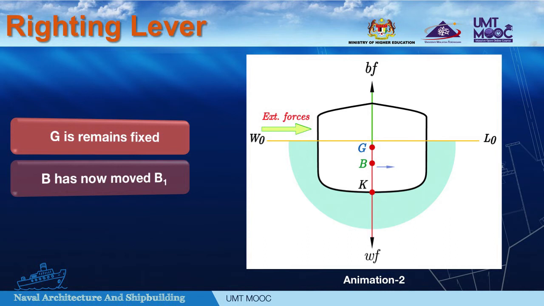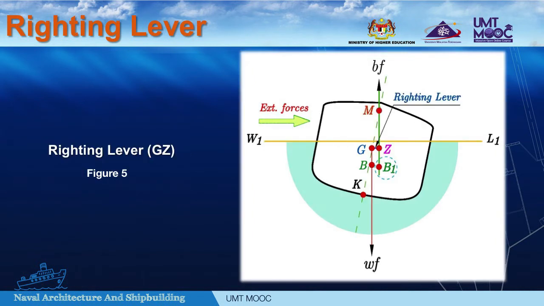Referring to the animation, the center of gravity point, or G, of the ship does not change to somewhere else, meaning that the force of gravity acts vertically downward through its initial point as in the upright position. Referring to figure 5, which is snapped from animation 2, however, the buoyancy point, being the center of the underwater section of the ship, has now moved laterally to a new center of buoyancy point that acts vertically through B1.